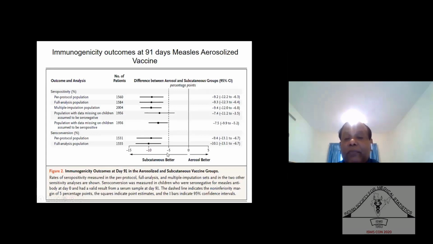But at 10% and 5%, it is definitely inferior. The question is, is it okay to have 15% as a non-inferiority margin? It is up to the reader to decide. So can you have 15% as a non-inferiority margin? This is still accepted. It is a good data. It's a very expensive study.